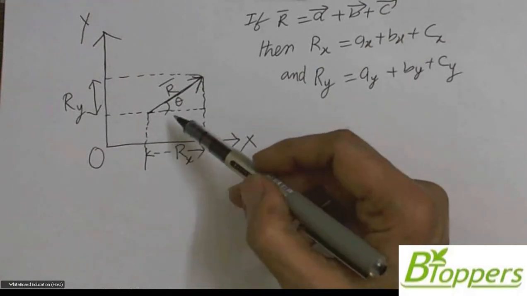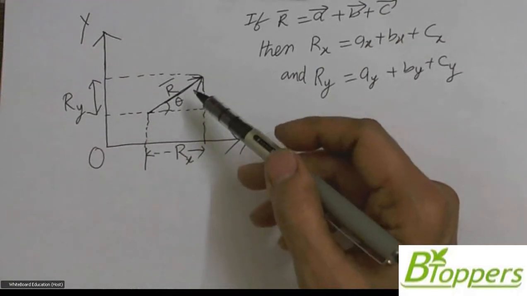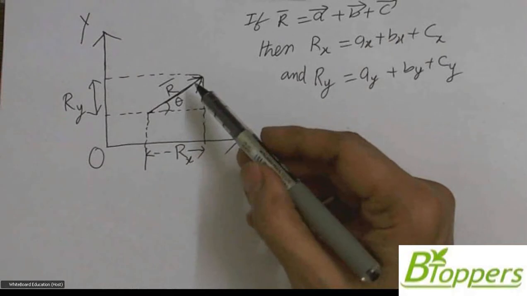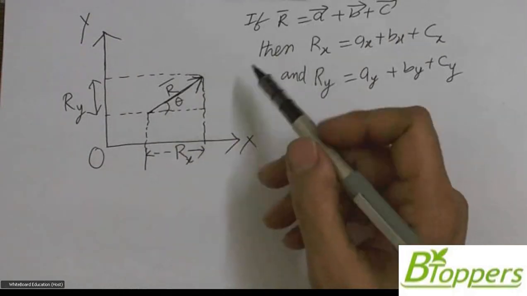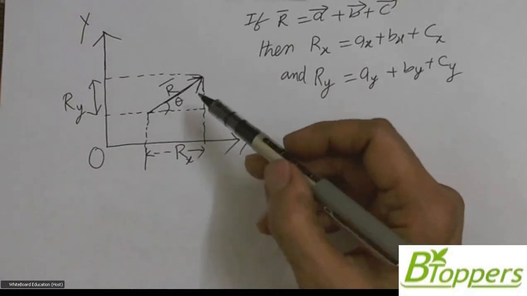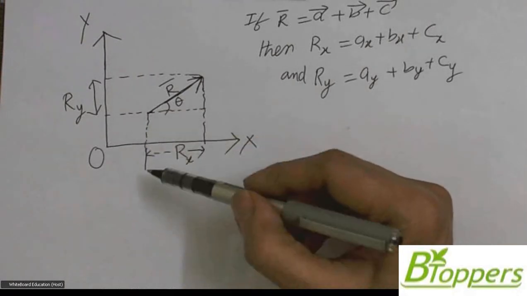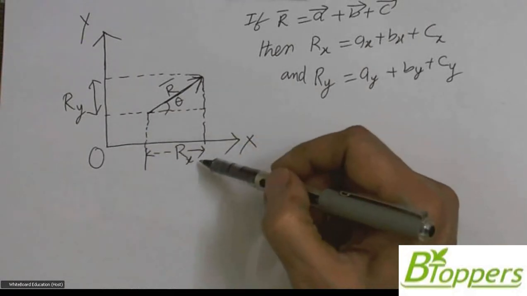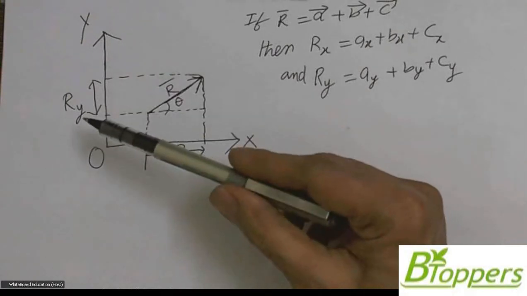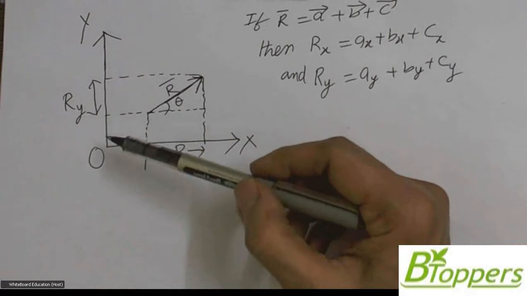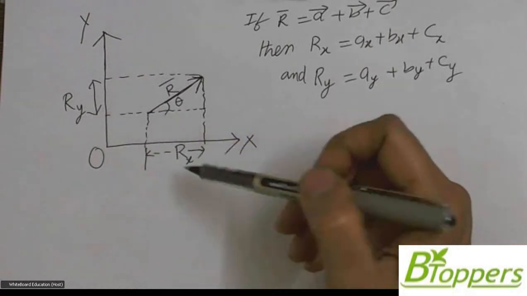In the figure, I have shown the resultant R bar of the two or three vectors that lie in the xy plane. Then graphically, I have shown the two rectangular components of the resultant vector along x and y axis as shown in the figure.